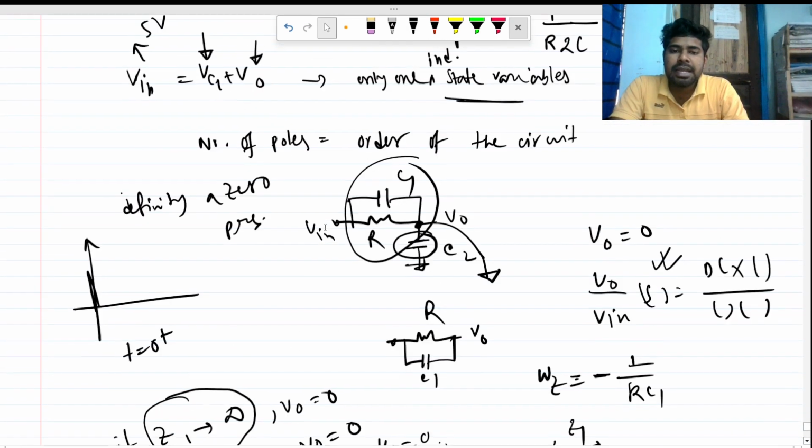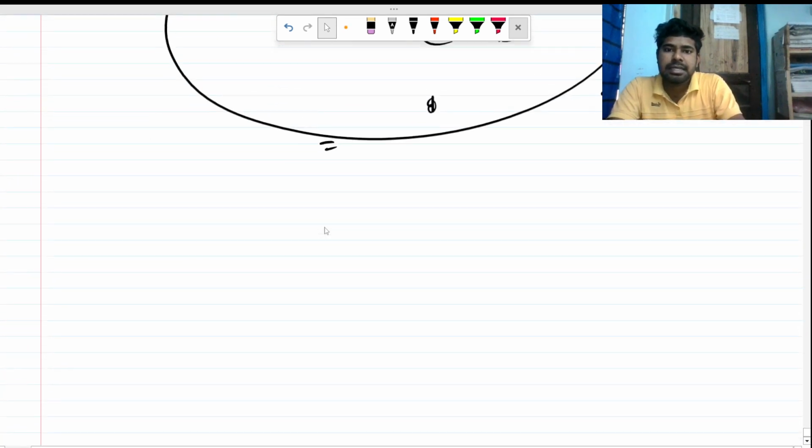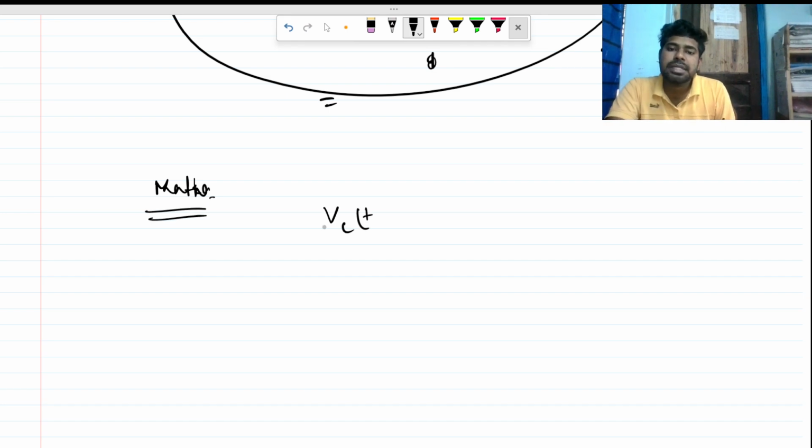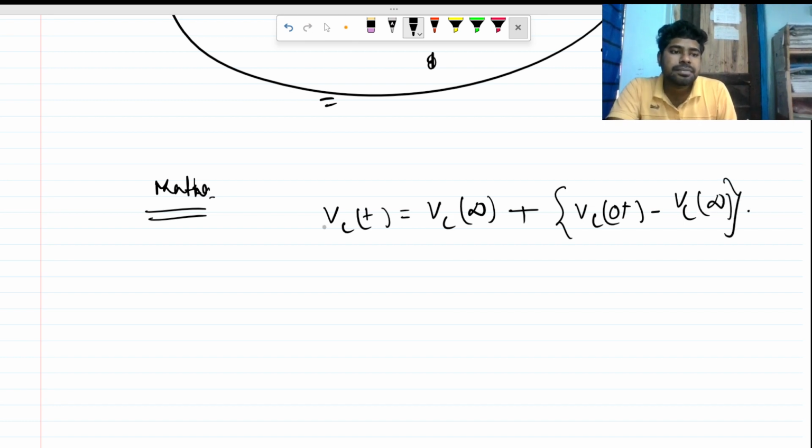So now we have analyzed the circuit in a deep manner, and now for the time domain mathematical expression. We know the voltage across a capacitor with respect to time is nothing but the voltage across the capacitor at infinity plus Vc of 0 plus minus Vc of infinity times e power minus t by tau.